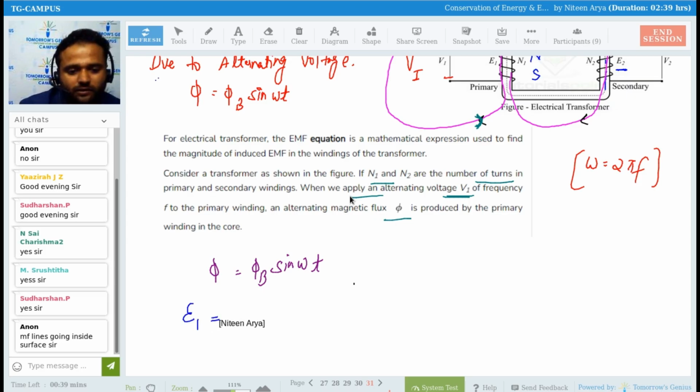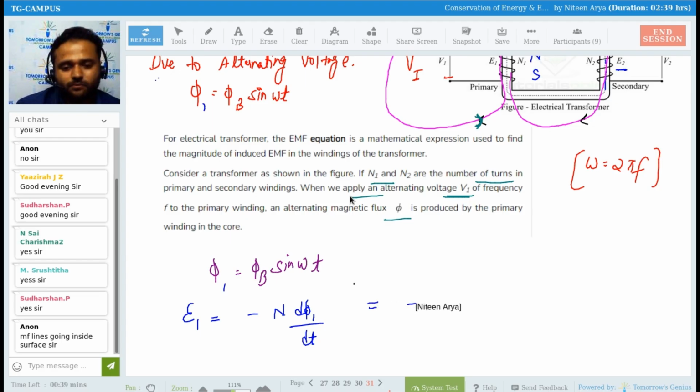So E1 equals minus N1 d phi1 by dt. That is going to be minus N1 phi m d by dt of sine omega t.